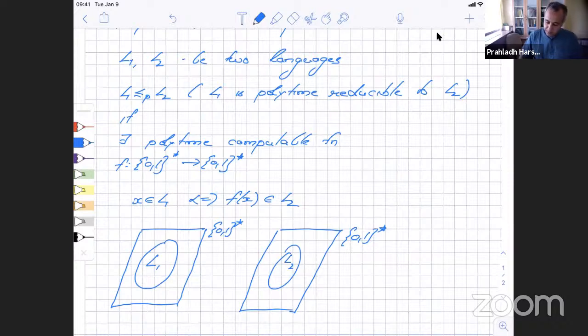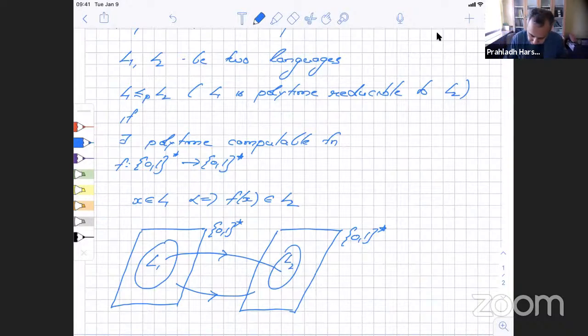And F is a map from {0,1}* to {0,1}*. So it's a map from here to here. But F has the property that it takes things in L1 into L2. Things outside L1, it takes outside L2. So it maintains the membership.